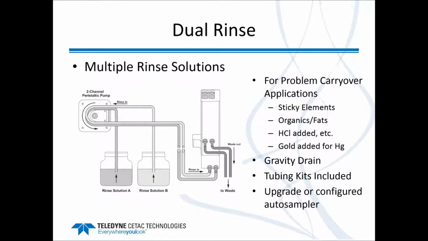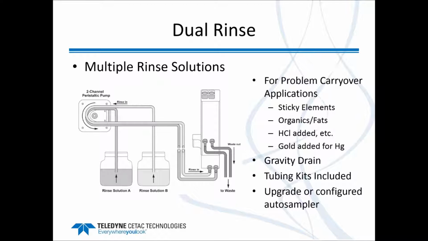For mercury applications where the carryover of mercury is important, you could add 200 parts per billion gold, for example, to one of the rinse solutions so that the mercury is pulled out.